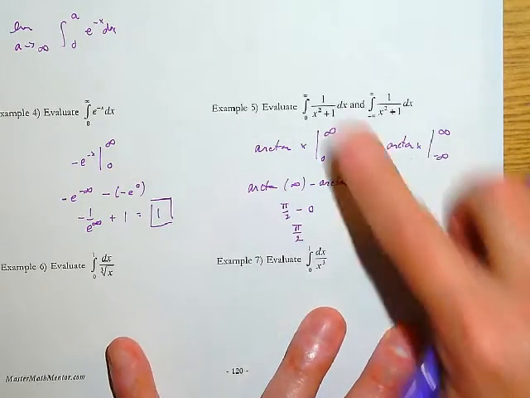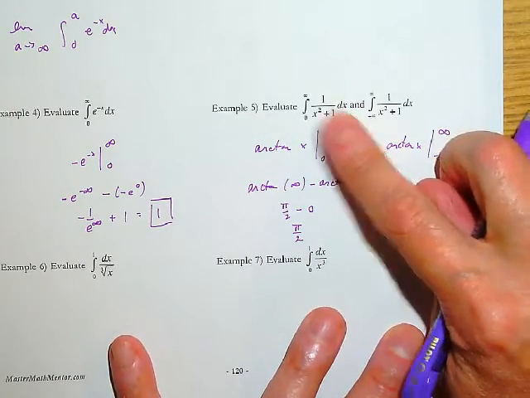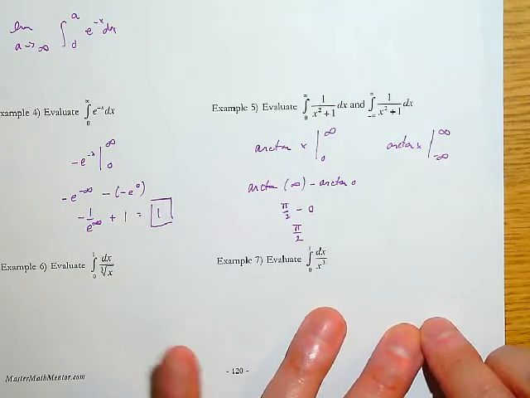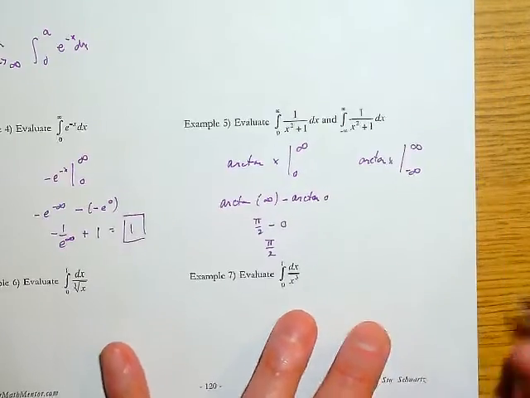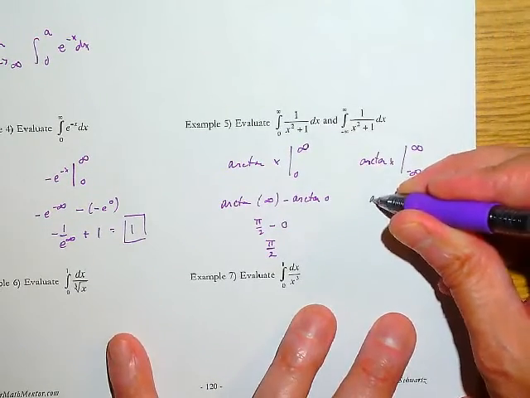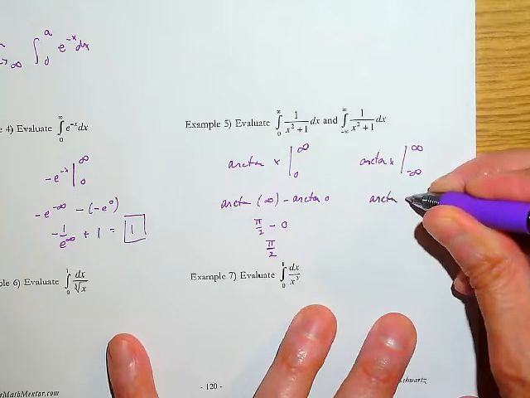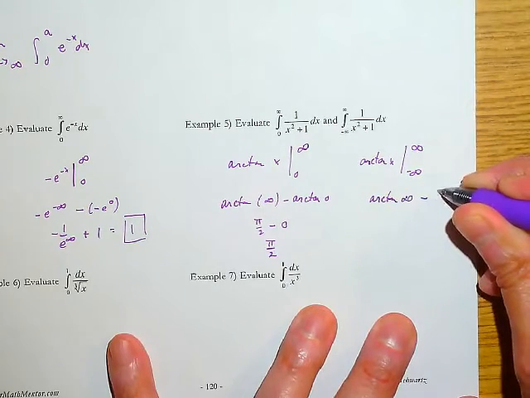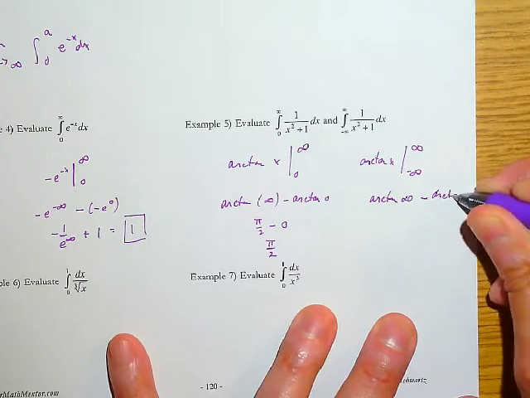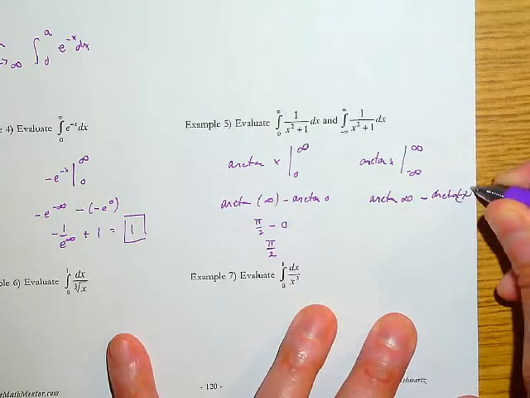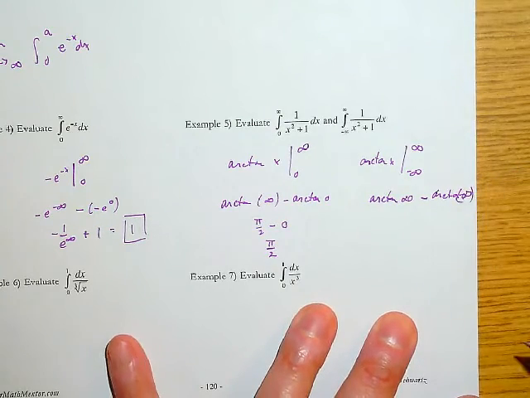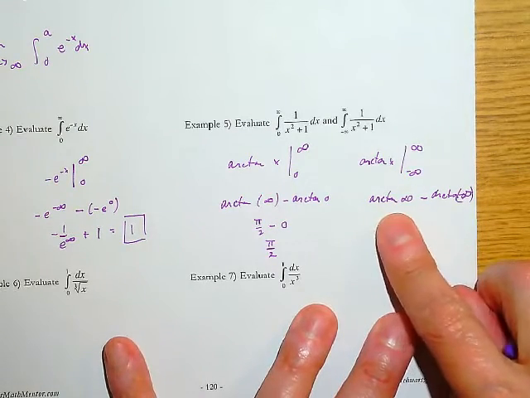So the area under the curve of 1 over x squared plus 1 from 0 to infinity converges to be pi over 2. Okay? This one would be arctan infinity minus arctan negative infinity. Well, arctan of infinity is what? Pi over 2?